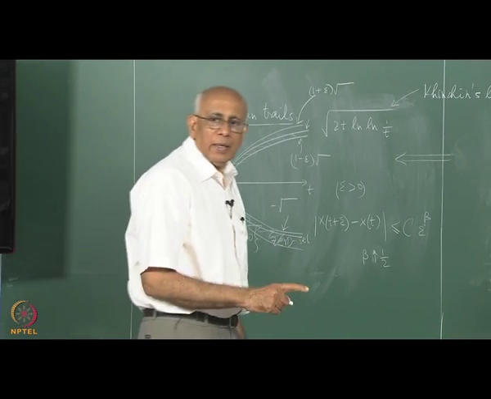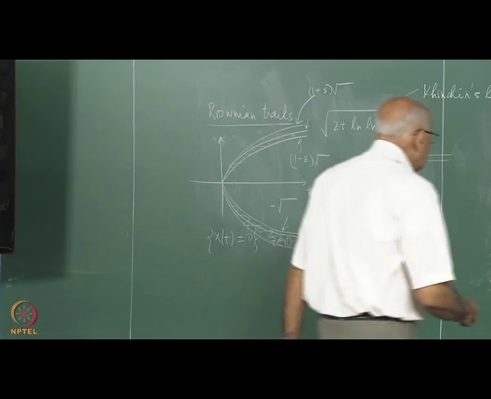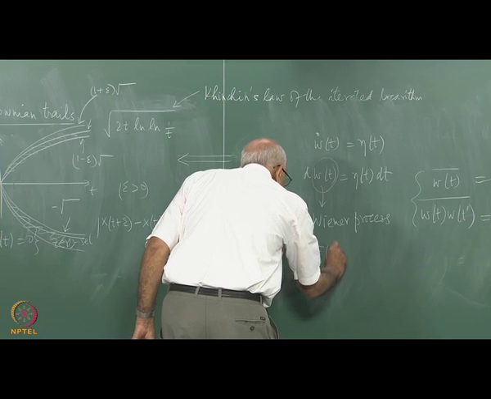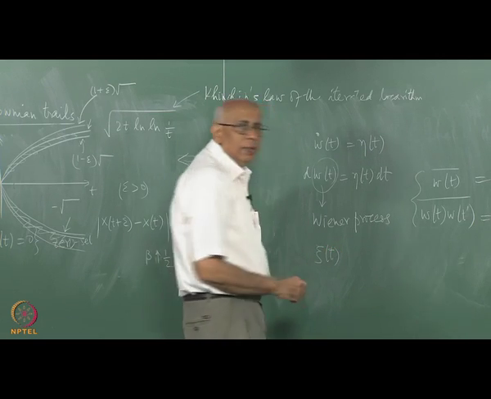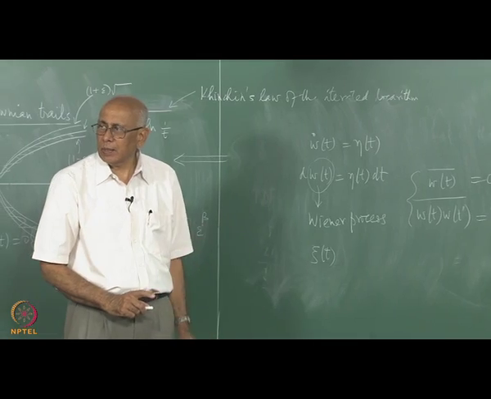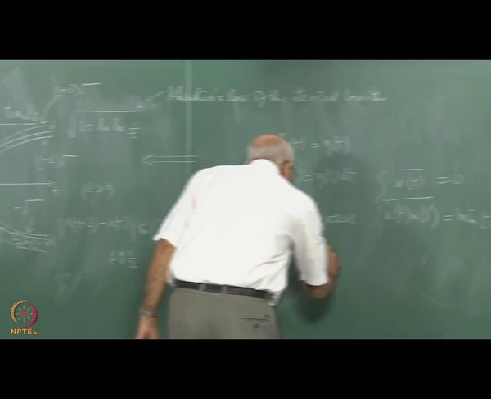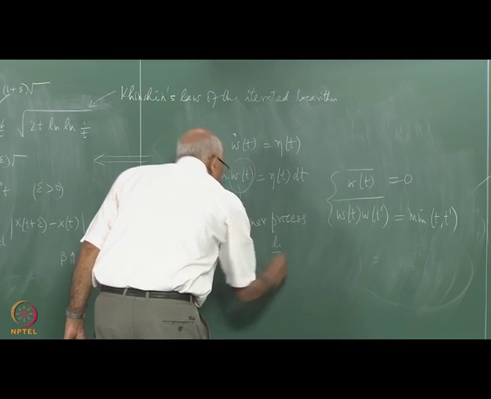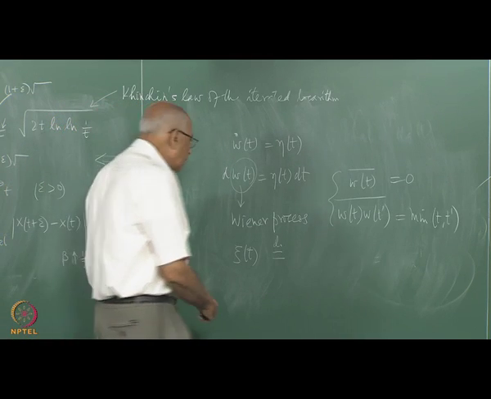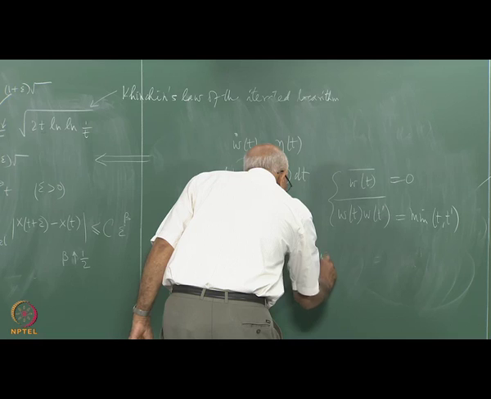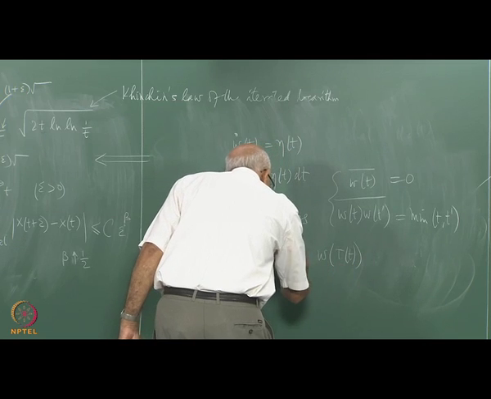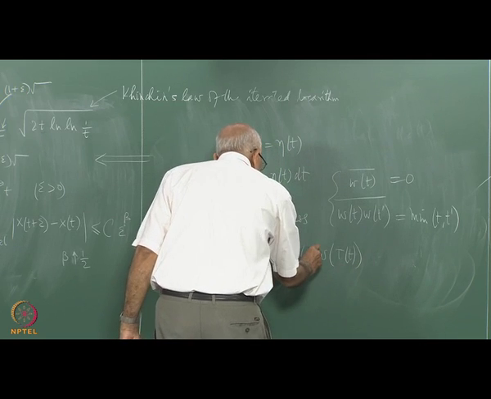So if you give me an arbitrary Gaussian Markov process, let us call that process I of t, as far as the probability distributions of this process are concerned, this thing would be equal in distribution. So let me write a d here to show that the probability distributions are the same. It can be written as some Wiener process in some rescaled time times some other function of t.